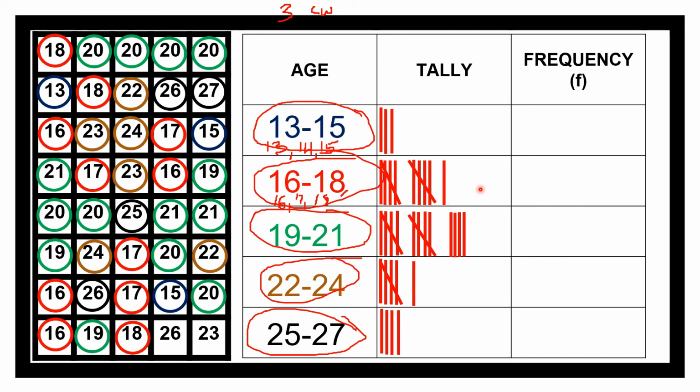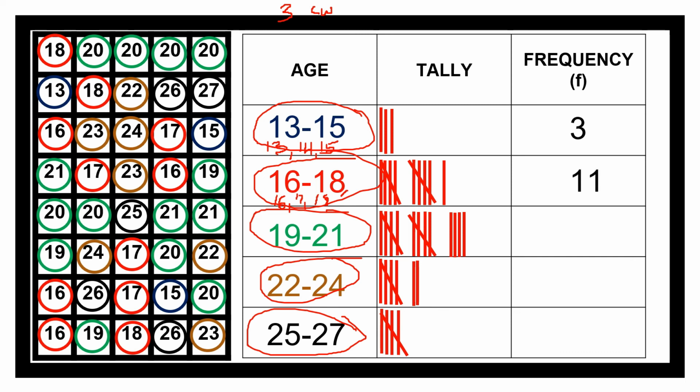And for 25 to 27, we have 5. So if we tally this, we must have 40. 3 plus 11 is 14, plus 14 is 28, plus 7 is 35, plus 5 is 40. So we have tallied all the given scores.